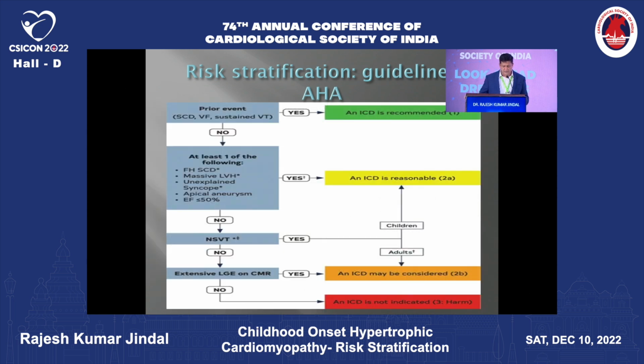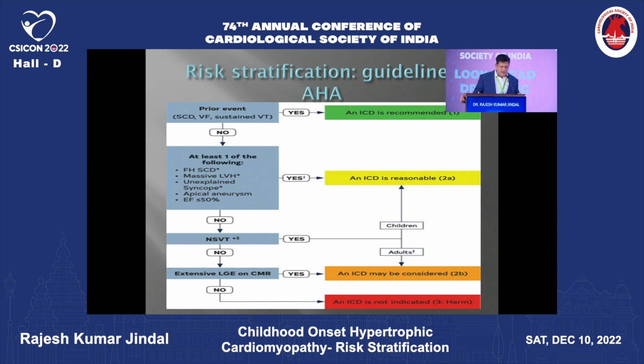So now what do the guidelines say for the childhood onset variant? Again, as I said, guidelines do not specifically say anything on the childhood onset variant, except that they have tried to dichotomize the patients who fall under the gray area. Those patients who do not fall under the definitive high risk category are further subjected to ambulatory monitoring, and those who have non-sustained VT on Holter, if the patient is less than 16 years of age, it becomes a 2A indication for ICD.